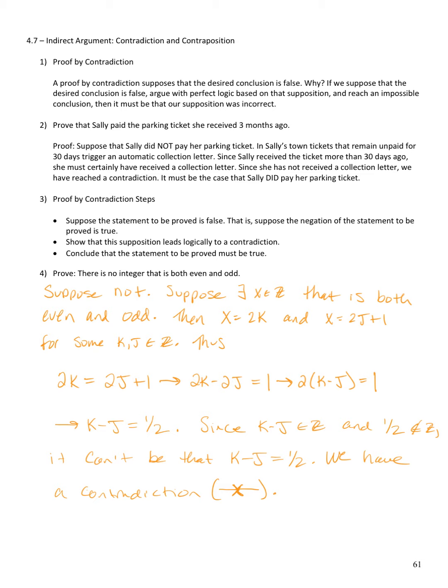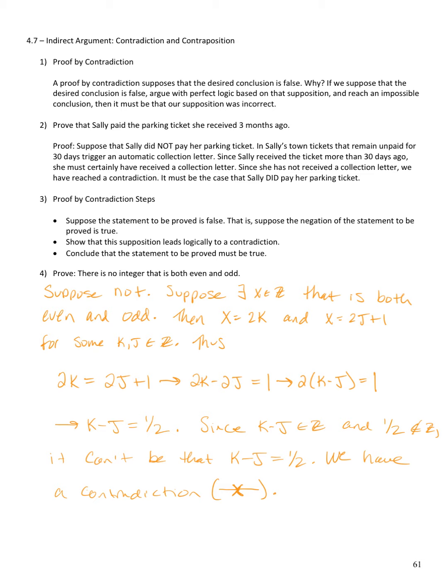So the only reason that we would reach an impossible conclusion is if our supposition was false. So it must be that there are no integers that are both even and odd. Thus, no integer is even and odd.